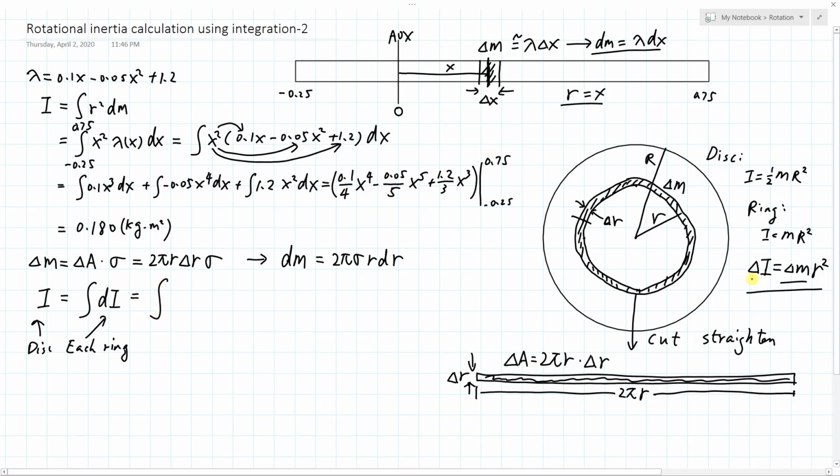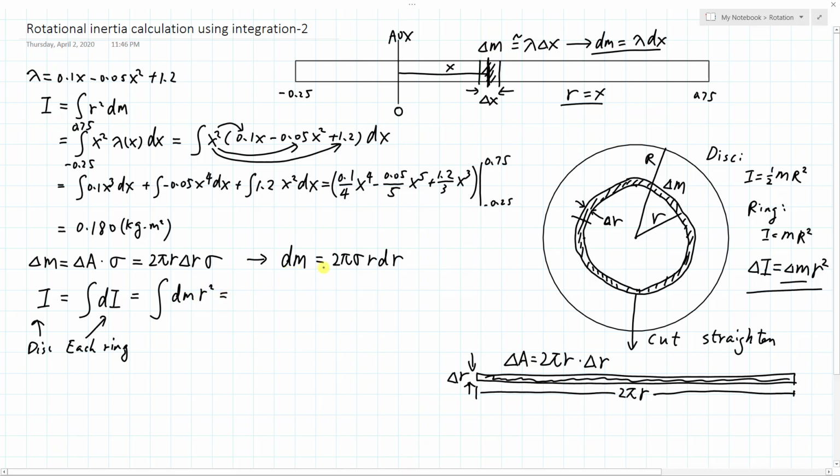As we said, this delta I is equal to delta m r squared. Then dI should be equal to dm times r squared. R squared does not go into a d because shrinking the width doesn't shrink the radius, right? What's shrinking with it is this delta r shrinks and delta m shrinks with it. So back here, this is dm times r squared.